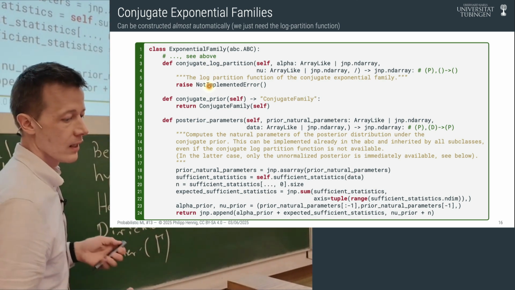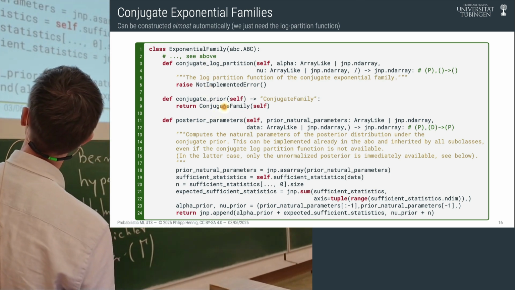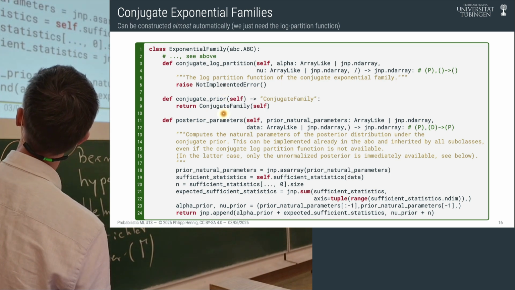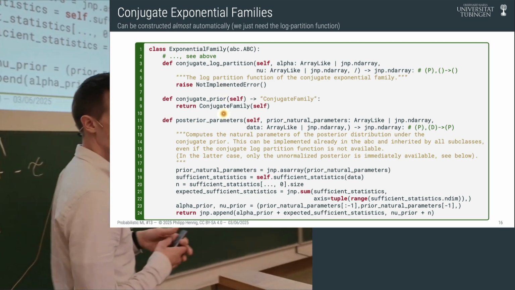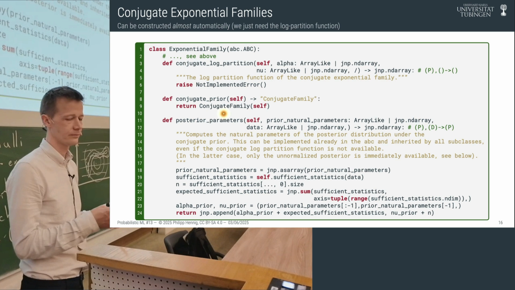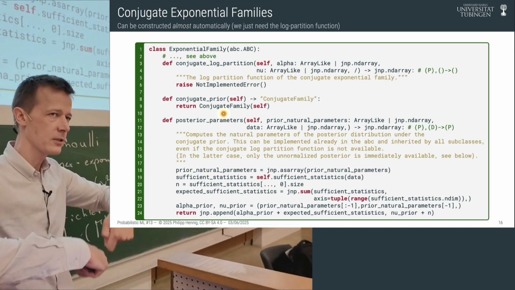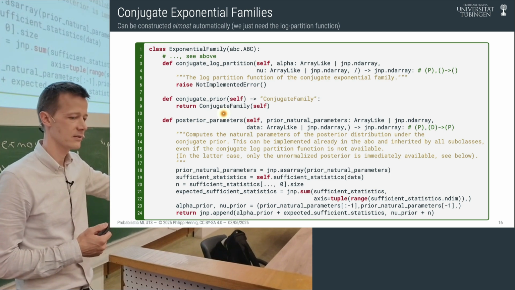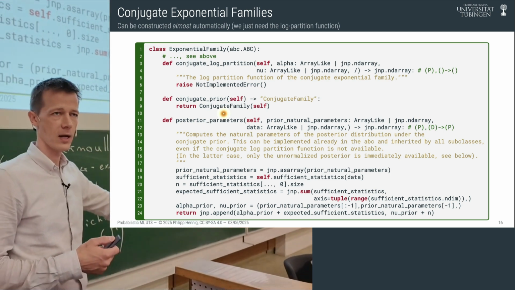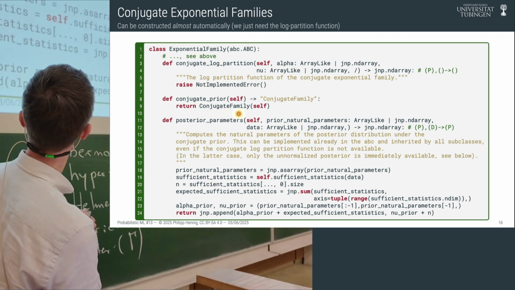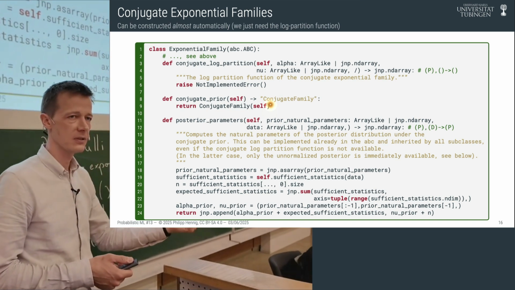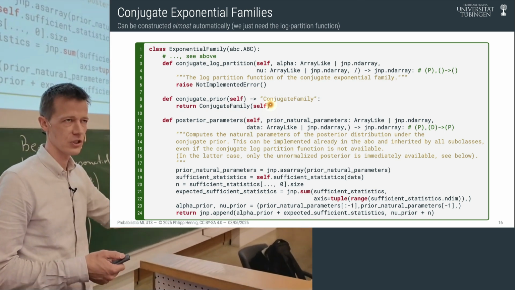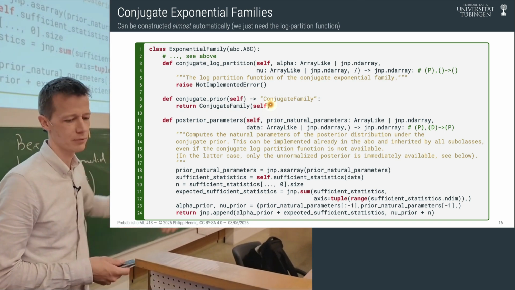Right? But if you know it, then you actually also have a separate method called conjugate prior, which you can call from inside of yourself. And you can say, please tell me what my conjugate prior is. I tell you who I am, what I tell you self, right? So I'm telling you my sufficient statistics, my log partition function G. Please figure out what my conjugate prior is.